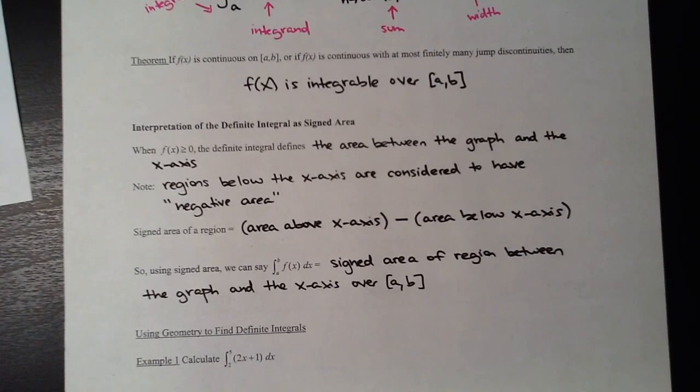Okay, so signed area, meaning if it's above the x-axis, we count it as positive area. If it's below the x-axis, we count it as negative area. On the next page, we'll see a specific example of that.